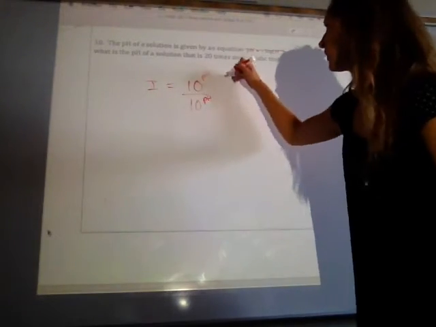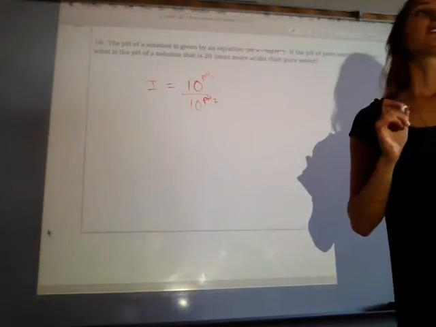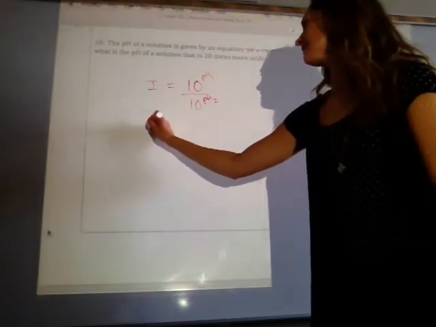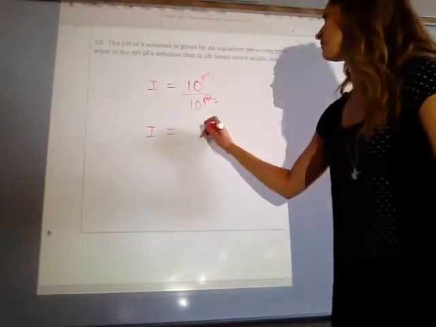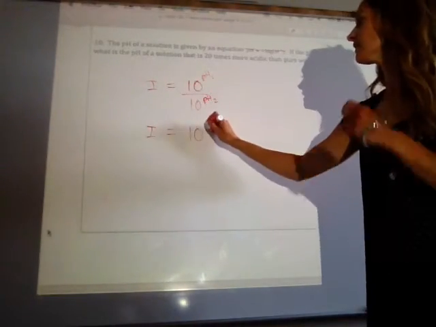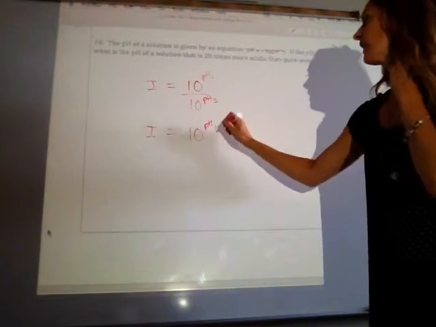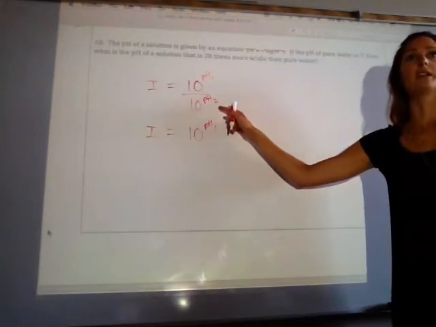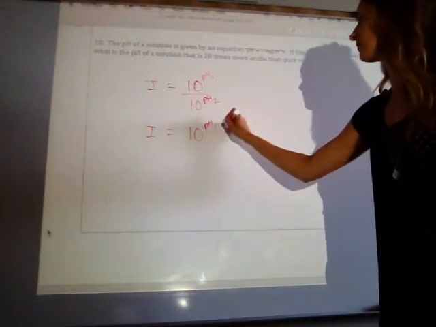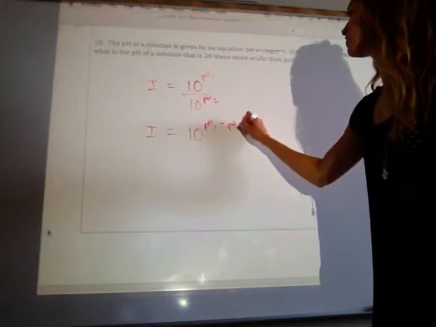Maybe I'll put pH 1, pH 2. So if I use my exponent laws, then the intensity would be equal to 10 to the power of pH 1, and if I'm dividing by the same base, I subtract the exponents. So I'm minusing pH 2.